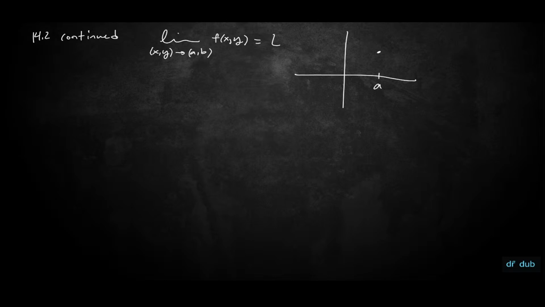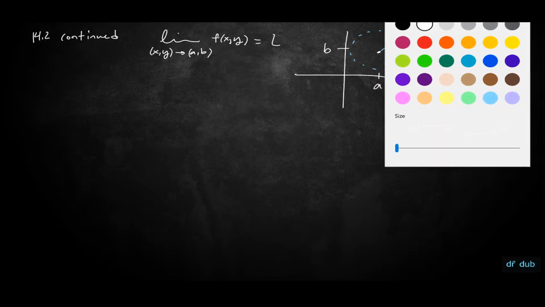So we said, 14.2 continued, we were talking about things like the limit as (x,y) goes to some point (a,b) of f(x,y) equals L, which means that as you get closer and closer to some point (a,b) in the xy plane, specifically when you get within some radius delta of that point, then your function values should get within epsilon of some number L, for any (x,y) value that you take in there.